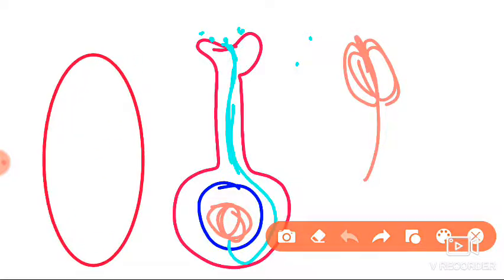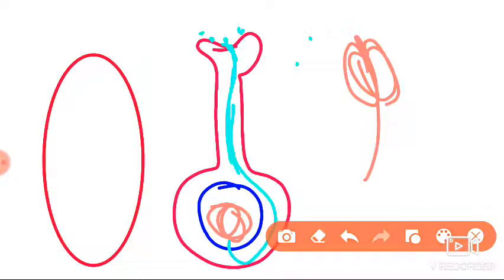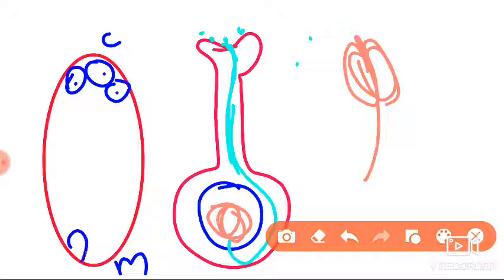This is the embryo sac, and in this embryo sac there are different types of cells we can see. This is the chalazal end. Here you can find antipodal cells. 3 antipodal cells are present over there.